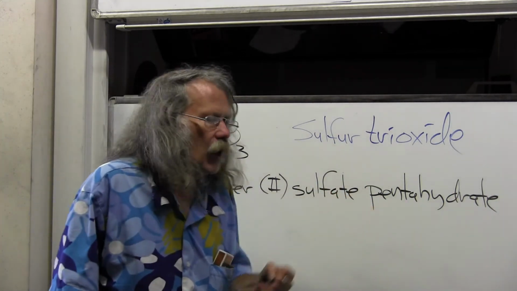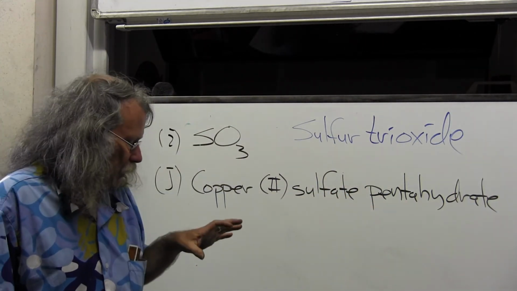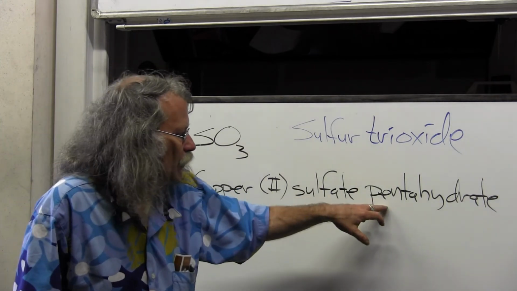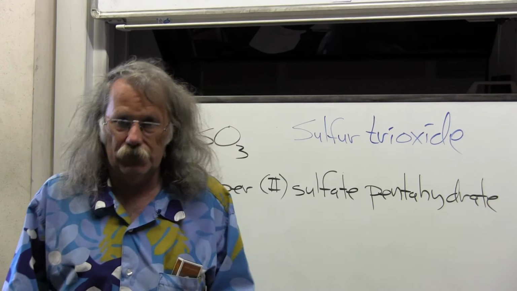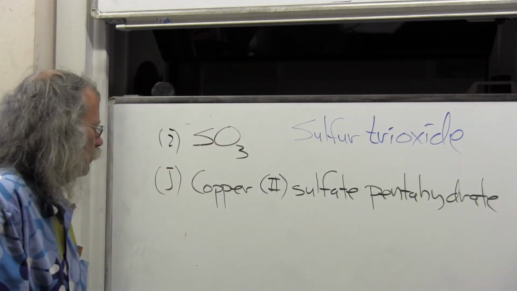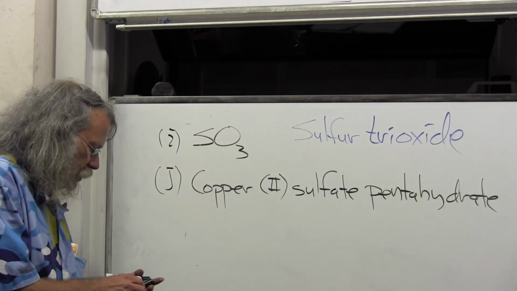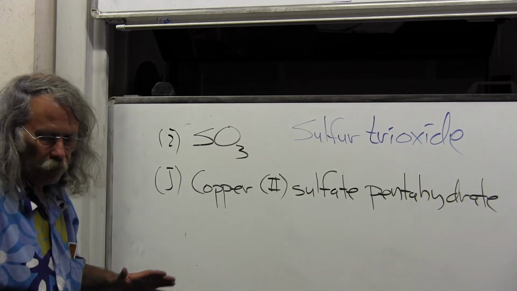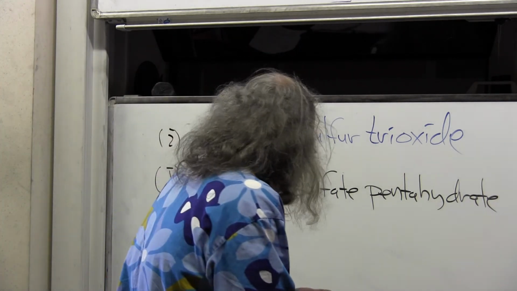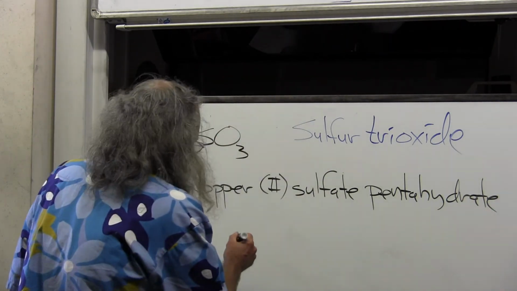Now, this is a hydrate. In this case, we use the Greek prefixes to denote how many water molecules of hydration are present. And so this one, we're going to write the formula, starting with the metal first, and I'll just write this one below.